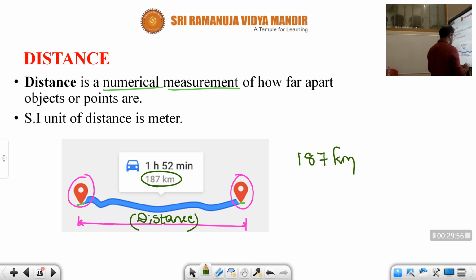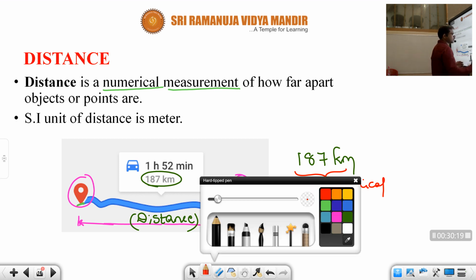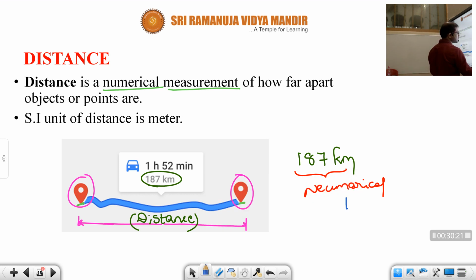This is nothing but a numerical value. It shows within how much length the two points were separated. That numerical value is nothing but the distance.